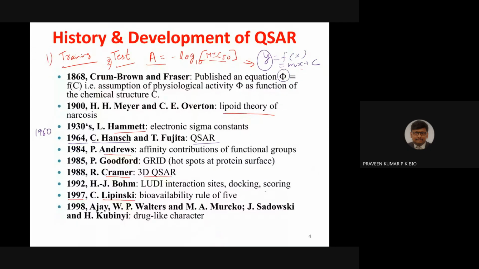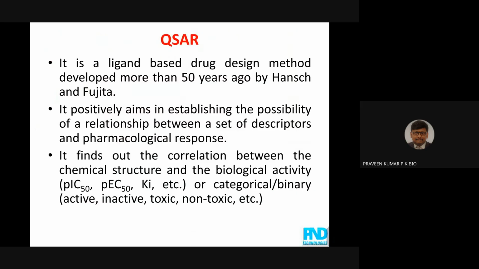You remember? If 3 out of 4 rules are satisfied, then we call it a compound that behaves like a drug. This was proposed by Lipinski in 1997. These are the features and developments of QSAR, and the origin of QSAR was more than 50 years ago.